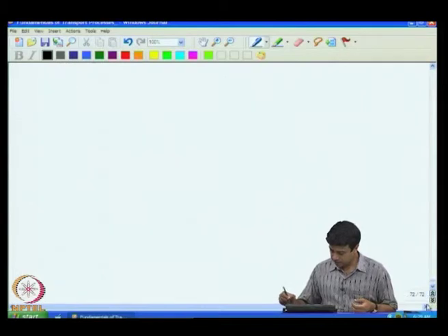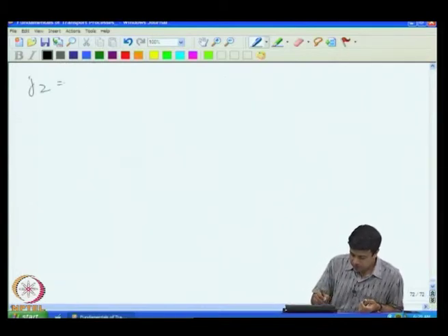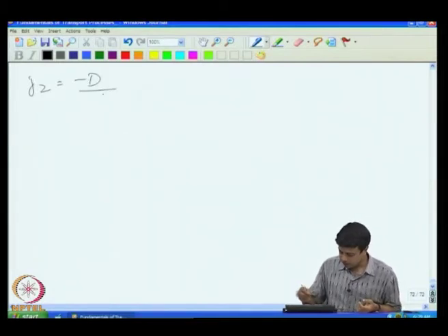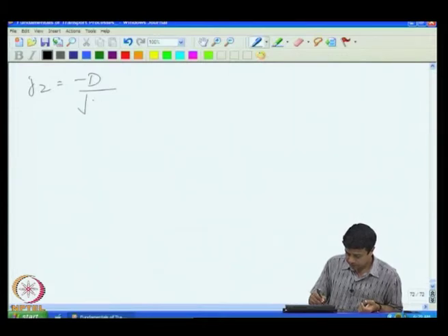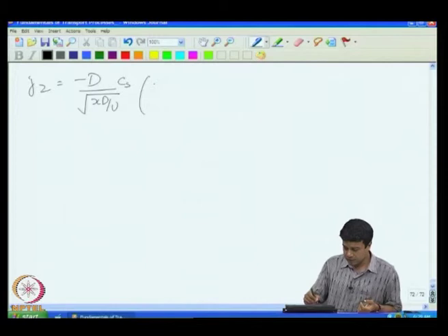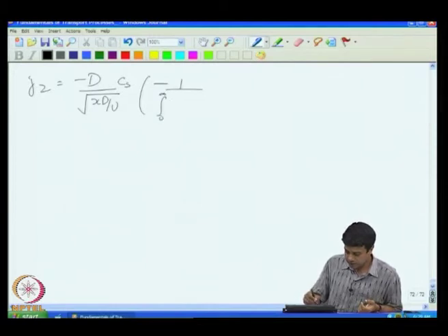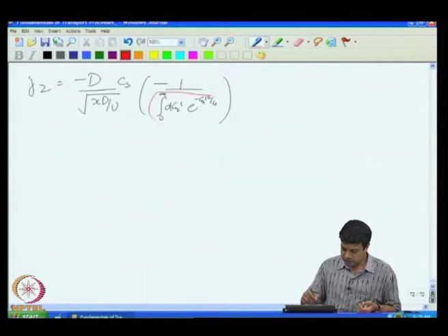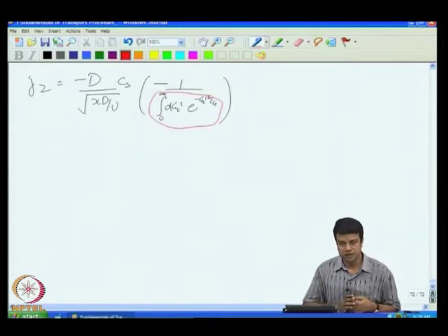So, putting all that together, I get Jz is equal to minus D by square root of x D by u, into Cs into minus 1 by integral 0 to infinity d psi prime e power minus psi prime square by 4. Note that this term here is a definite integral, so therefore, it is just a constant. It is independent of any of the independent variables.